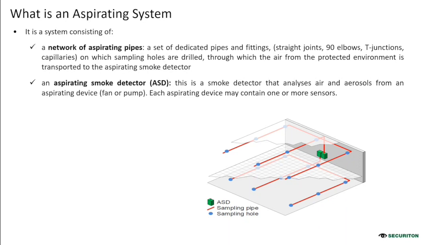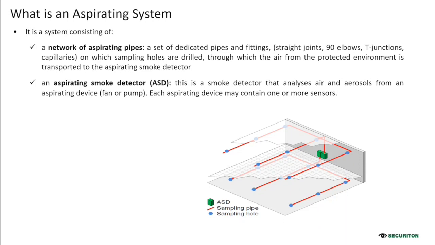So an aspirating system is a system consisting of a network of aspirating pipes and aspirating smoke detectors. Aspirating pipes are a set of dedicated pipes and fittings on which sampling holes are drilled, and through which the air from the protected environment is transported to the aspirating smoke detector.